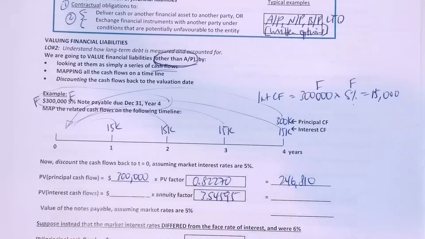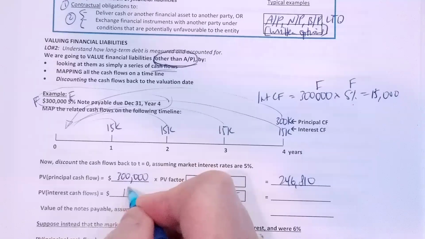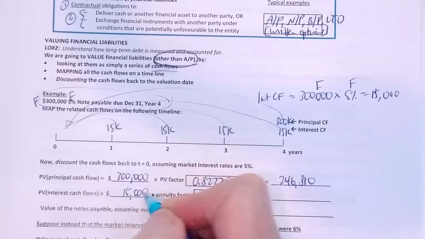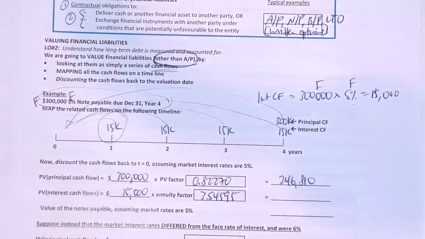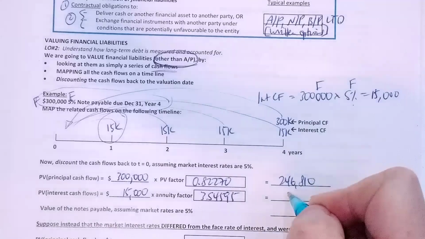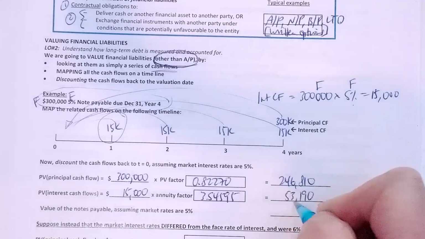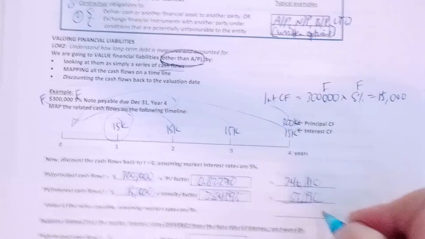It's the annuity payment, which is 15,000. So don't give me 60 here, because now you're going to go off the rails. 15,000. Just the annual annuity payment. That works out to 53,190. Add it up.